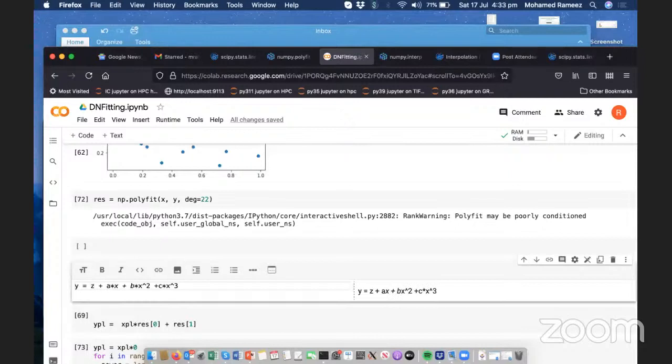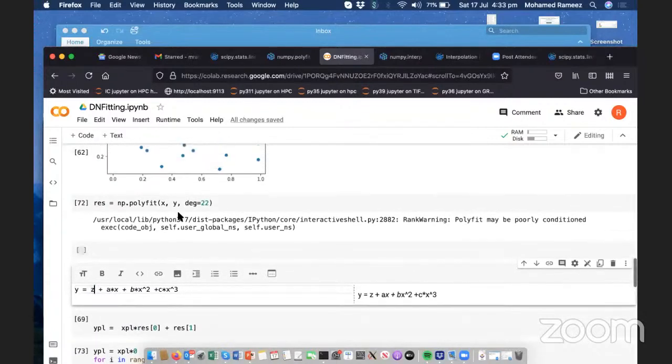If it is a line, this is your intercept, this is your slope, and these terms don't exist because lines have only one order. But a polynomial of arbitrary order has these many terms.